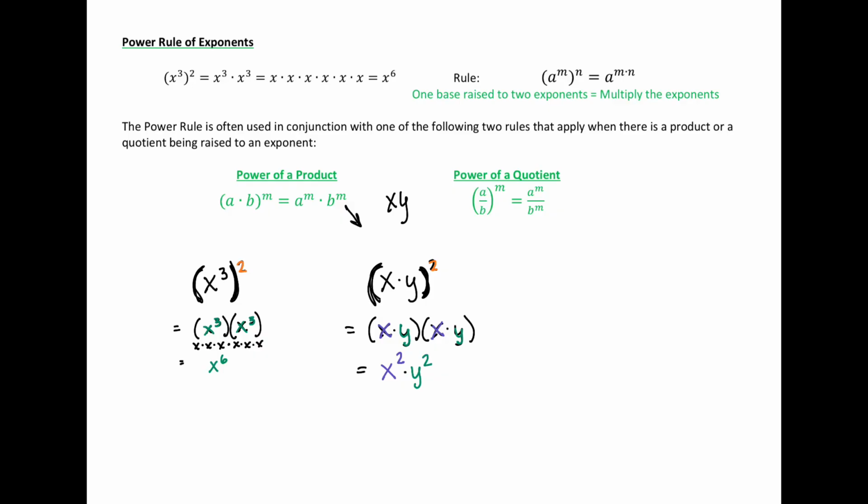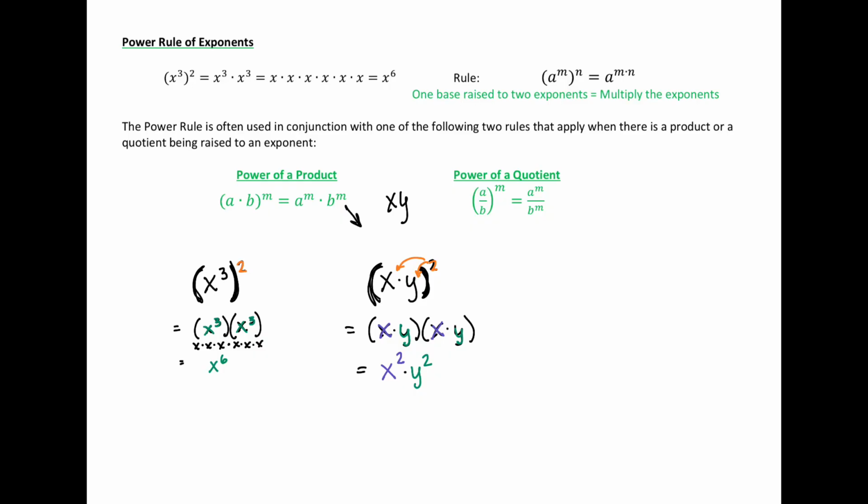You can put your dot in between if you want, and I did because they did, but again, you don't need it. Okay, so what you're doing here to get from the original to the answer without having to go through this middle step is this. Your exponent affects both parts of the inside. In other words, you're distributing the squared over the multiply.